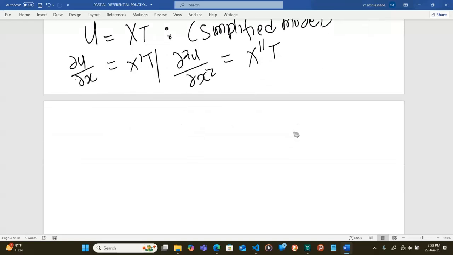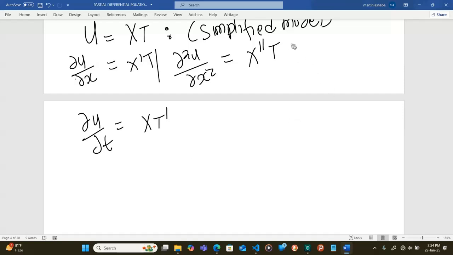Then we look at the other side, del u over del t. We are differentiating T with respect to t and keeping X constant. Therefore, we'll have X times T prime. So what does that mean?